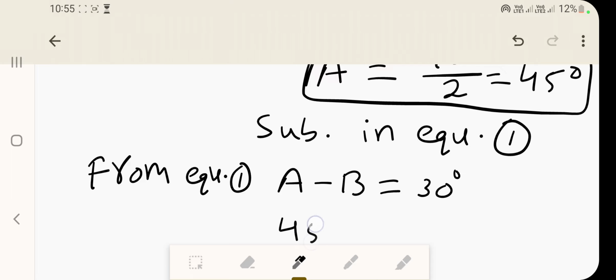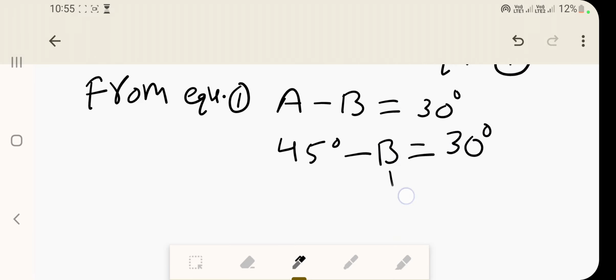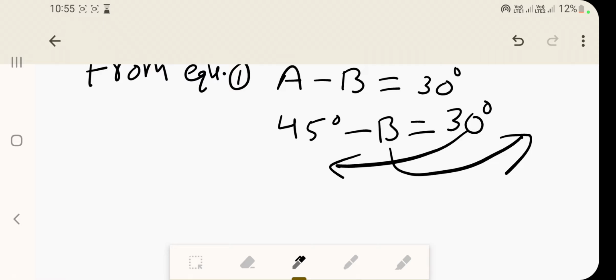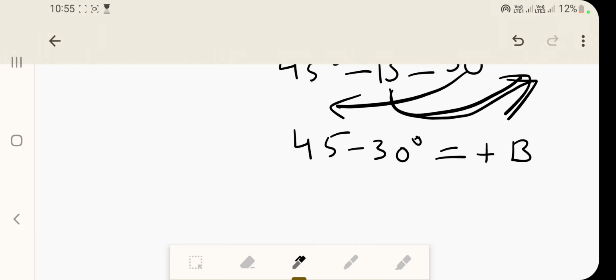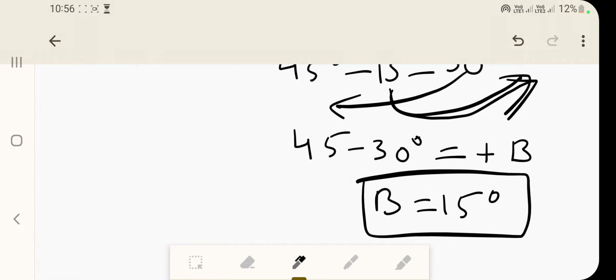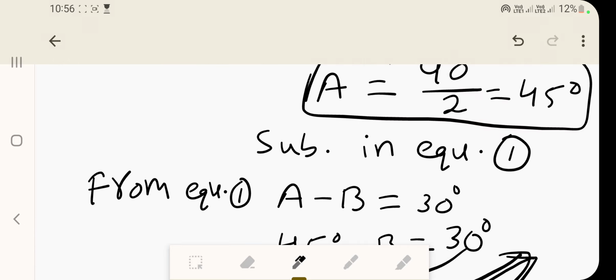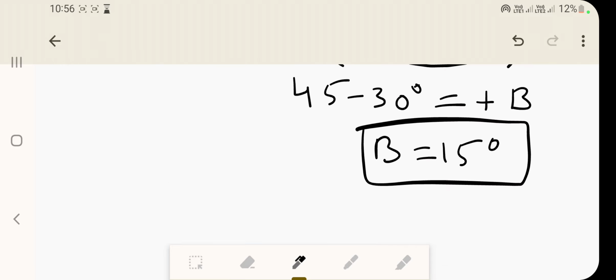And we just got the angle A value as 45 degrees, so 45 degrees minus B is equal to 30 degrees. Now you can bring this minus B to the right hand side and 30 degrees to the left hand side. So we get 45 minus 30 degrees, and minus B when it goes to the right hand side becomes plus B. So 45 minus 30, how much is it? 15 degrees. So we got A is equal to 45 degrees and B is equal to 15 degrees.